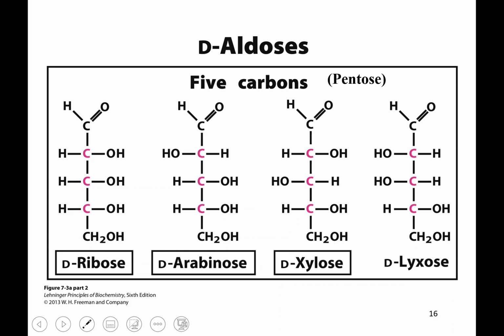Okay, the other ones are shown here. Arabinose goes left, right, right. And xylose goes right, left, right. And lyxose, never actually pronounced that one, but it's left, left, right. Again, the only one you really need to remember for these is ribose.